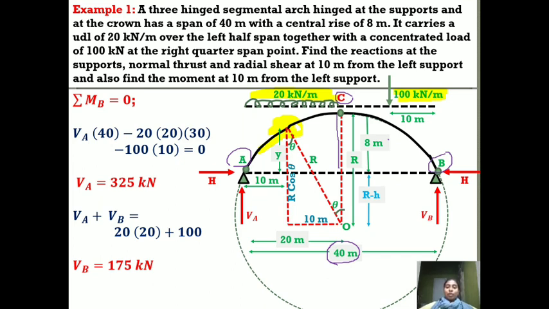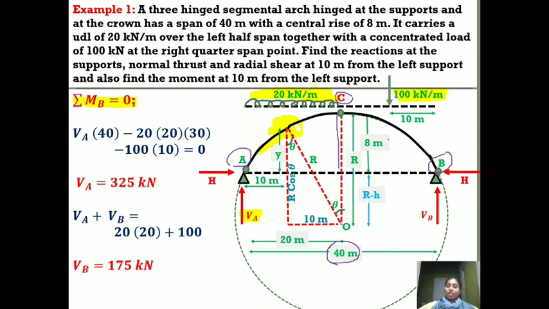So first of all we will take sigma MB equal to 0, moment at B equal to 0. So we get VA into 40, that is the distance of the span, VA into 40 clockwise, minus, next is anti-clockwise.